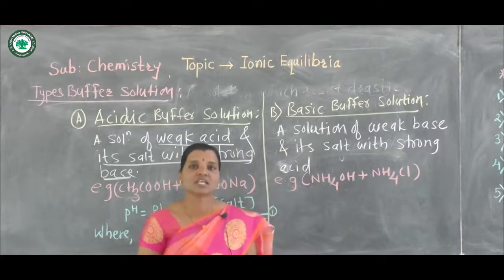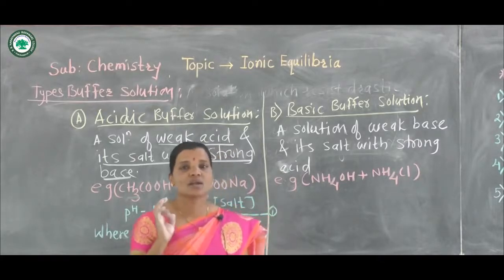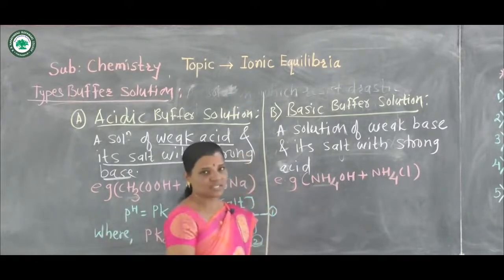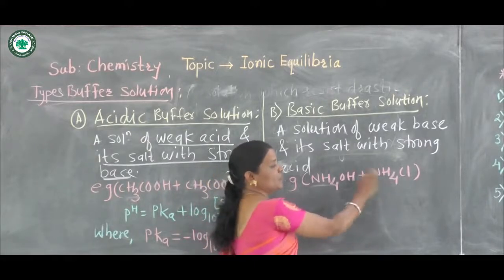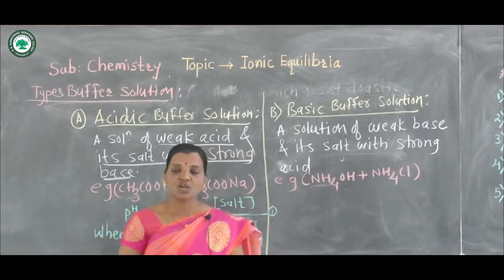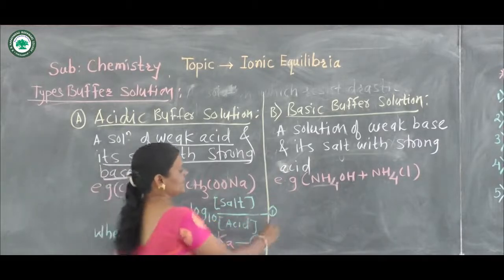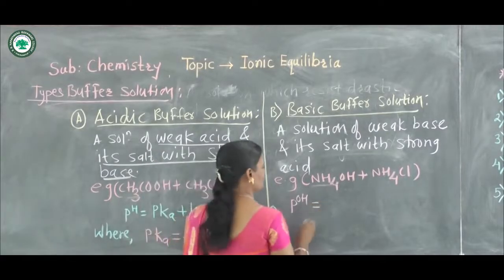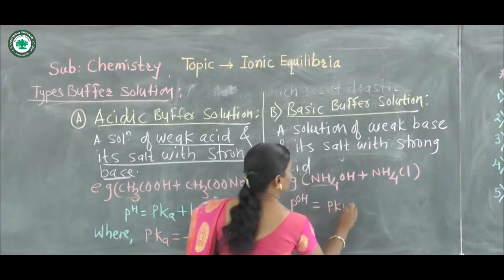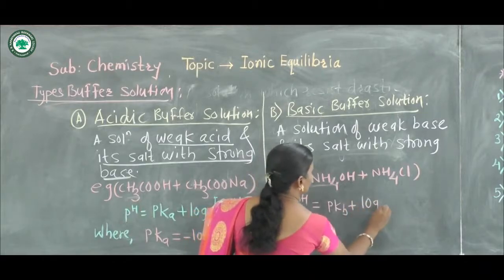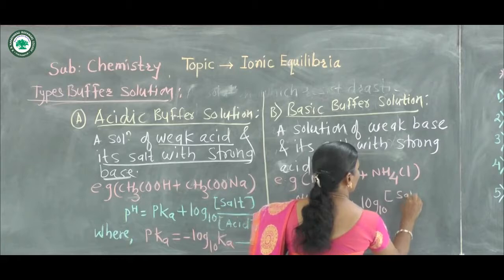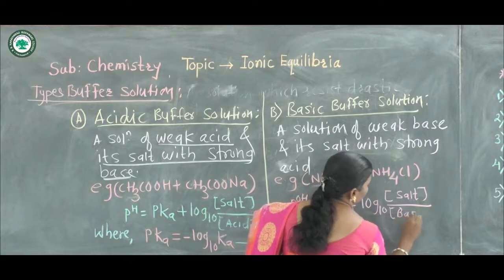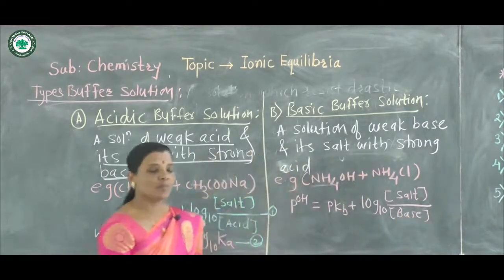Combination of ammonium hydroxide and ammonium chloride is called as basic buffer solution, where ammonium hydroxide is a weak base and its salt with strong acid is ammonium chloride, and pOH of such solution is given by the equation pOH is equal to pKb plus log to the base 10 concentration of salt divided by concentration of base.